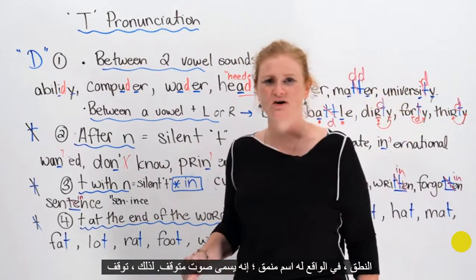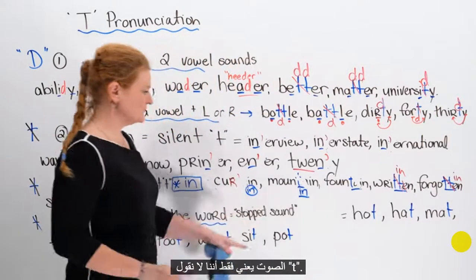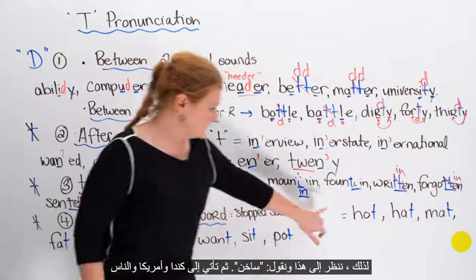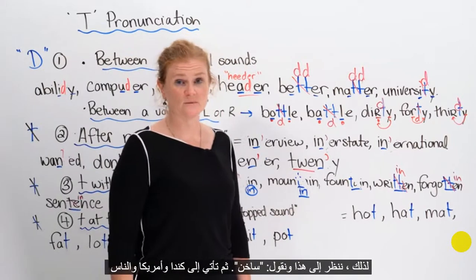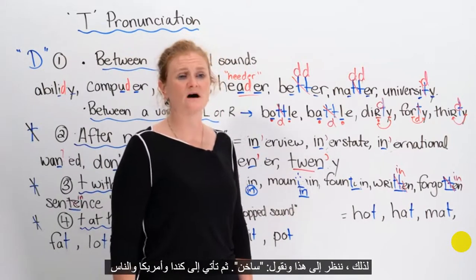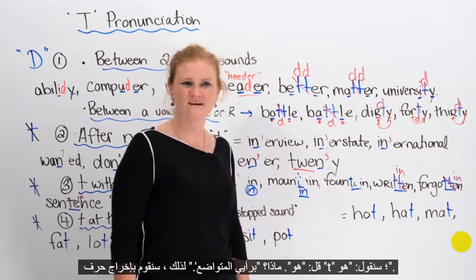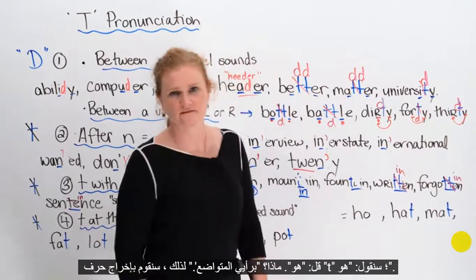It's called a stopped sound. So a stopped sound just means we don't say the T. So we look at this and we say hot. And then you come to Canada, America, and people say hot. What? I'm hot. Huh? So we're going to take out the T. We're going to say hot.